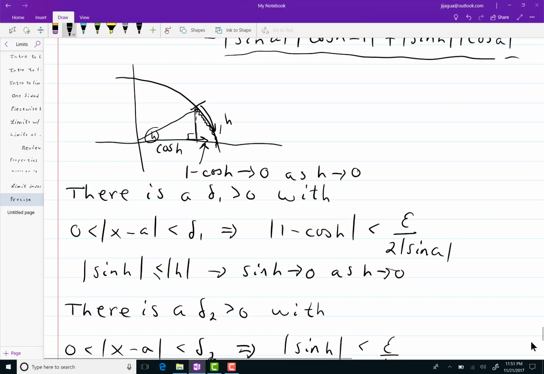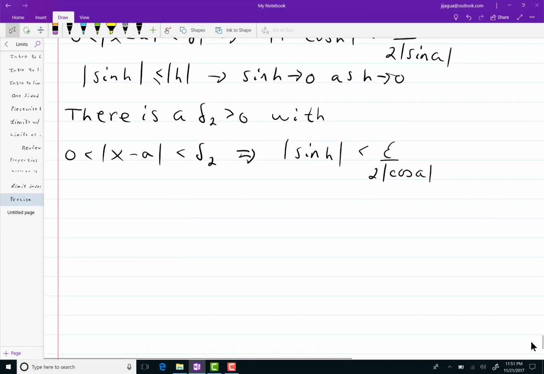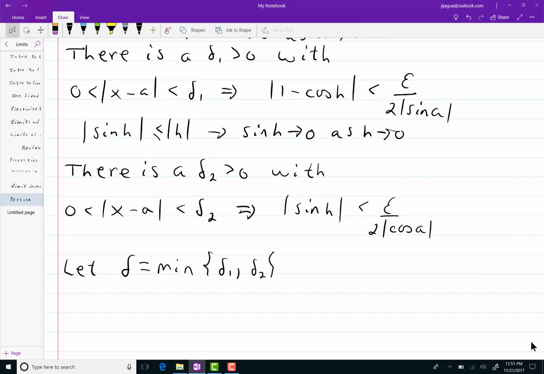Let delta equal the minimum of delta 1 and delta 2. That guarantees that my two inequalities will be satisfied because this one works with delta 1, this one works with delta 2, and any smaller delta will work with both.